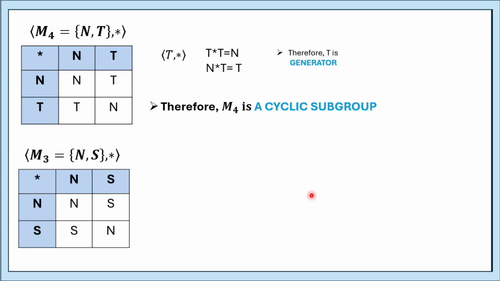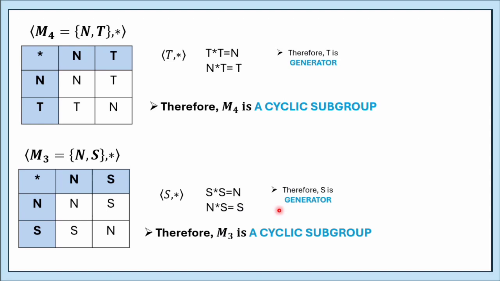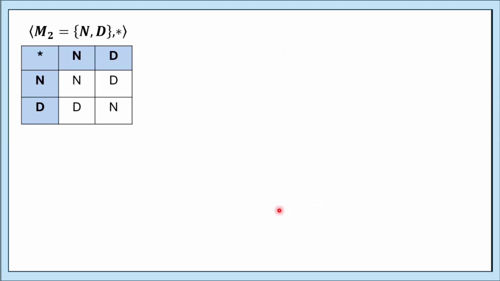Next, we have M sub 3 is equal to the set of N and S under the binary operation star. So for S, we have S star S is equal to N, and N star S is equal to S. Since S generates all the elements of the set, S is a generator, and therefore M sub 3 is a cyclic subgroup. For M sub 2, we have the set of N and D under the binary operation star.